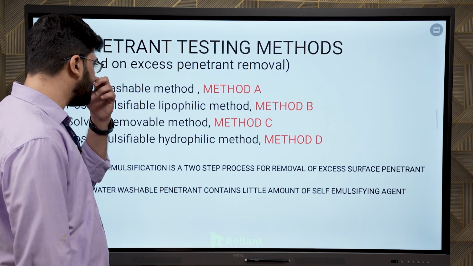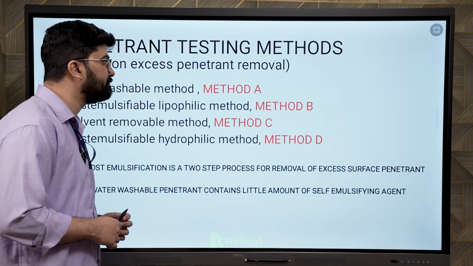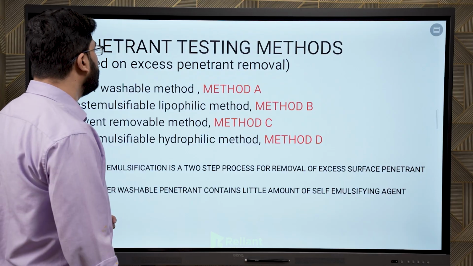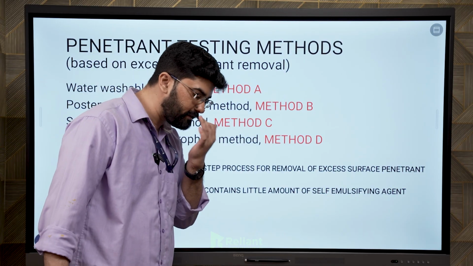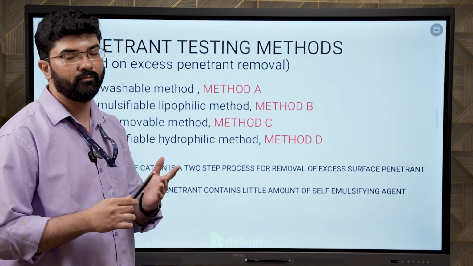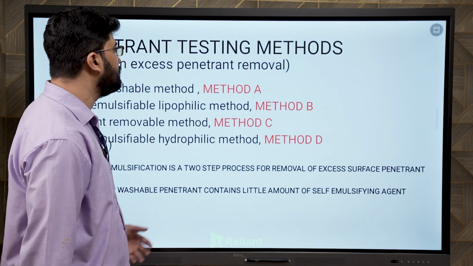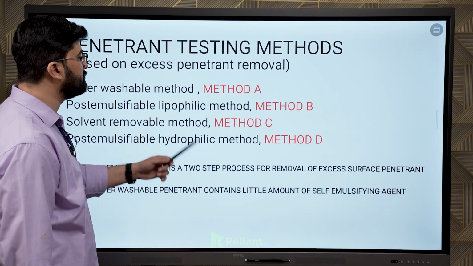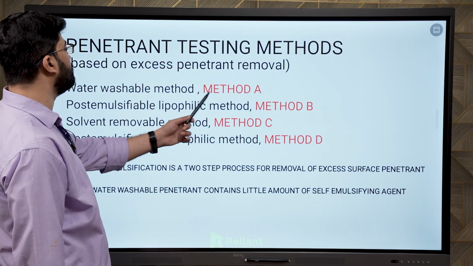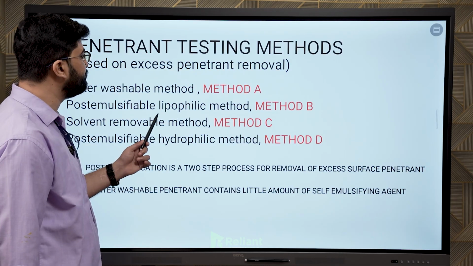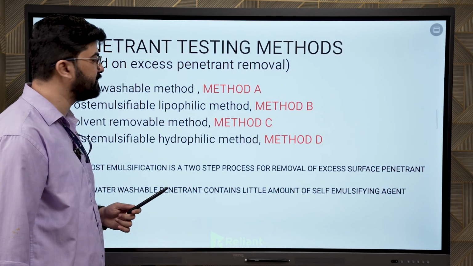In the penetrant testing method, we have different methods like method A, method B, method C, method D. Usually in other places they say solvent removable, water washable, post emulsifiable. But as per the standard ASME Section 5, we divide the third one into two types. Method A for water washable, method B for post emulsification lipophilic type of emulsifier.